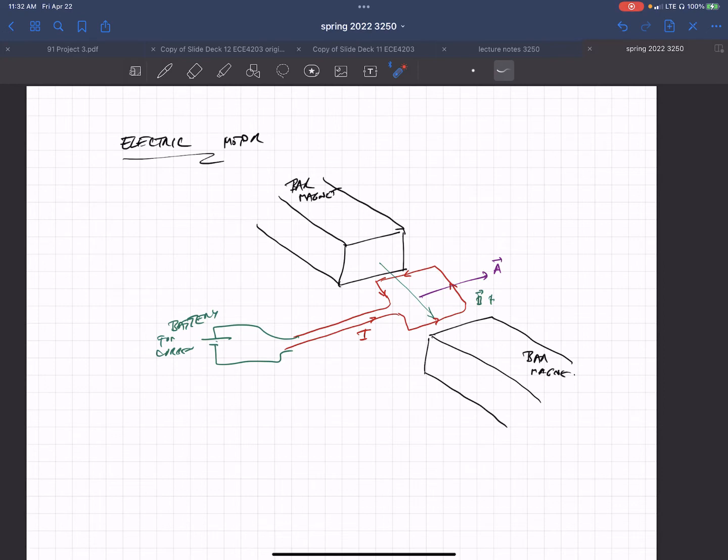Well, one option is you can replace this with an AC signal. So instead of a direct current, you have an alternating current. Say you have your loop running like this, and then it flips, and the current in the loop goes the other way.